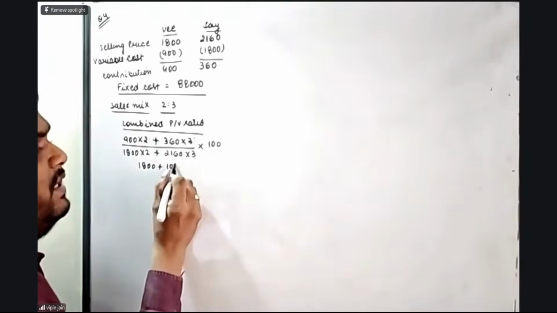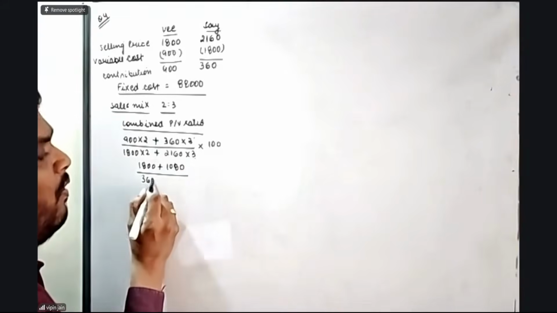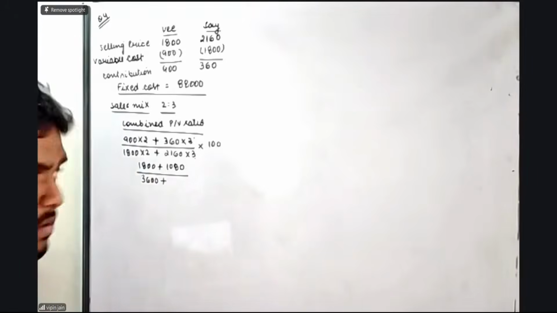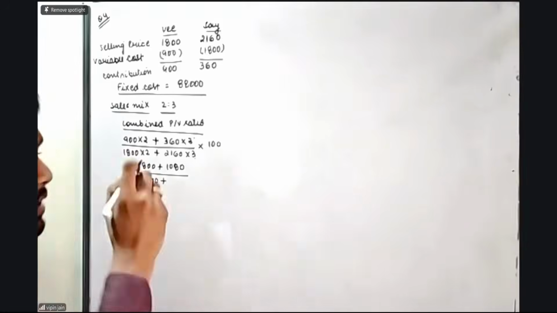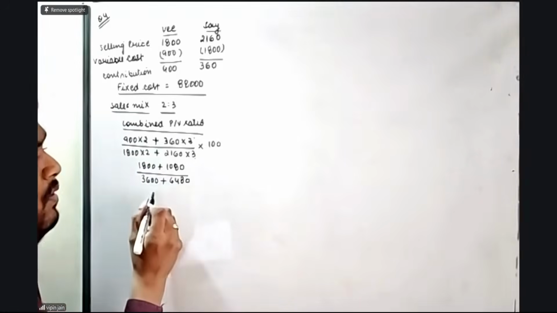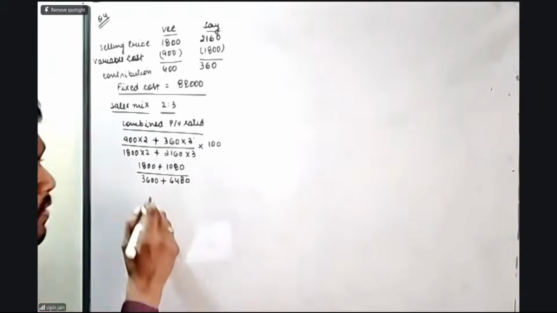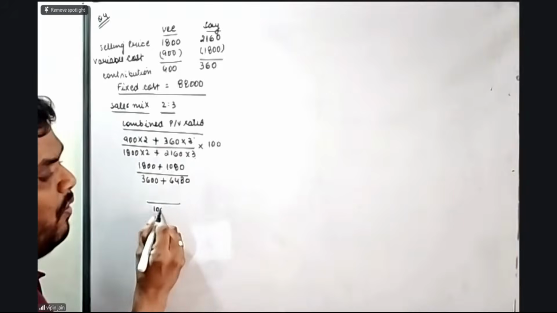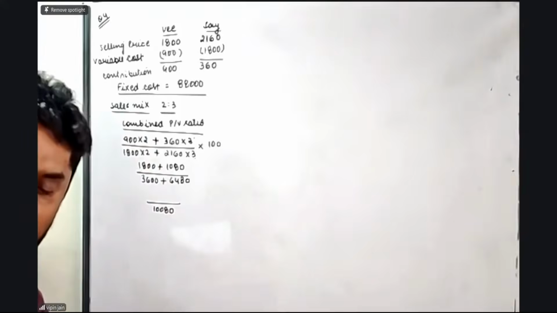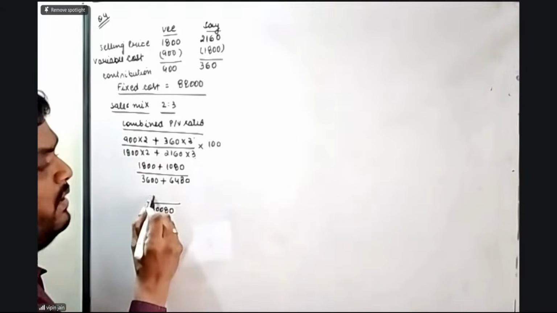This will be 1080 divided by 3600 plus 6480, so it will be 10080, and contribution 2880.